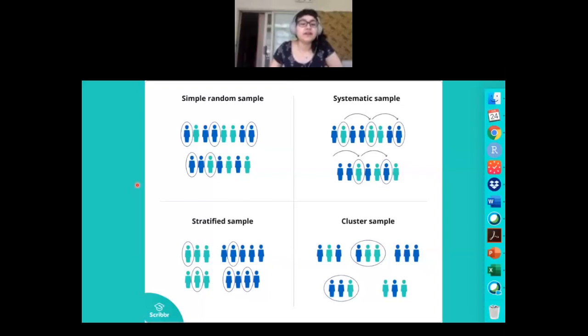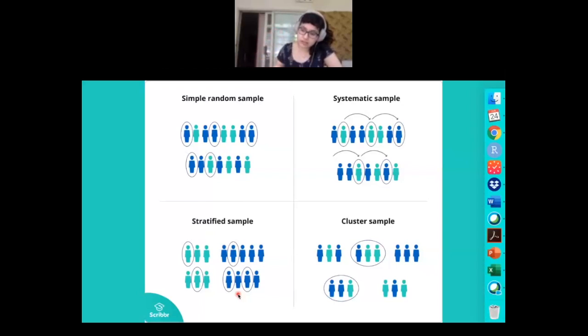Then there's stratified sampling, where prior to collecting the data, you divide people into categories, and then you take the same amount that's proportional to the larger population. So if the general population in the US is 60% white, which I think it is, then your sample will be comprised of 60% white.